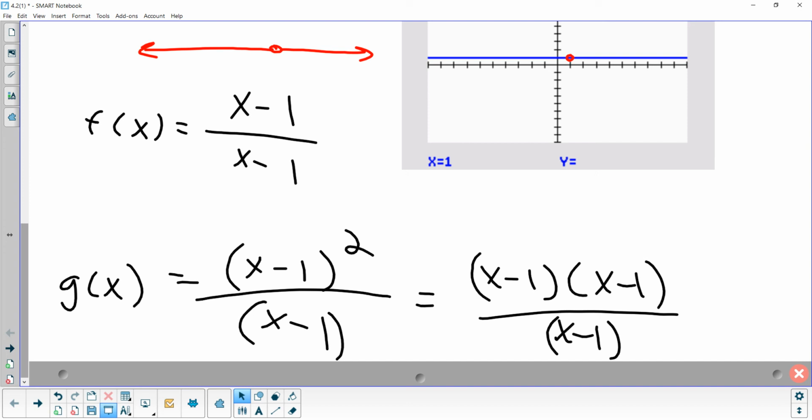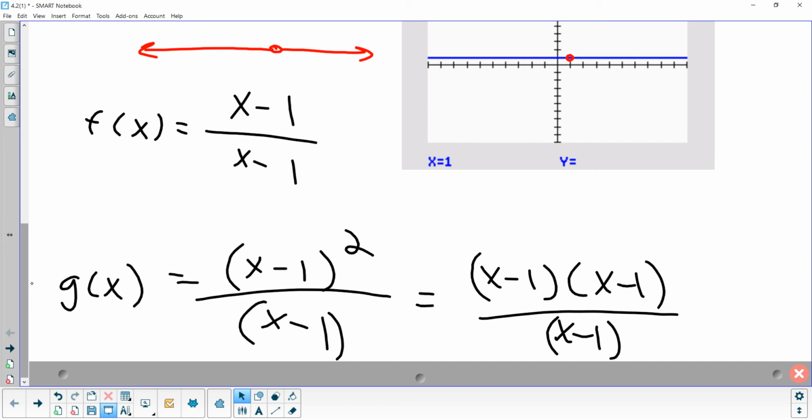And we said before that a discontinuity can be found if the numerator and denominator can be factored. So the x minus 1 on the top would be removed, and the x minus 1 on the bottom is also factored out. So we have a common factor in the numerator and the denominator. That's why we get a hole.